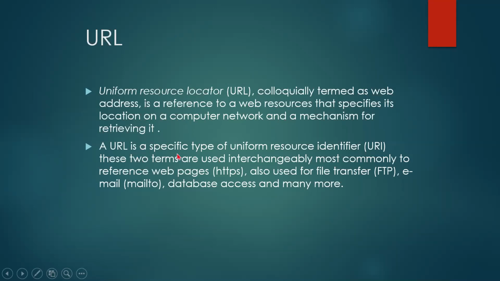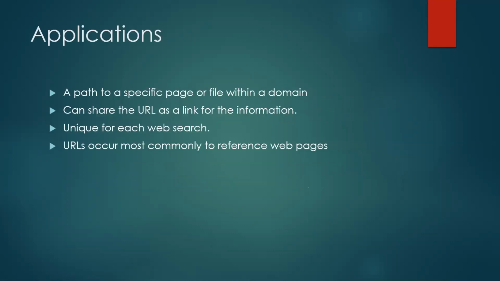This URL is a specific type of uniform resource identifier, URI, and these two terms URL and URI are generally used interchangeably and most commonly to reference the web pages. In addition, they are also used for file transfer and email and database access and for many more applications. Basically, it is the web address.